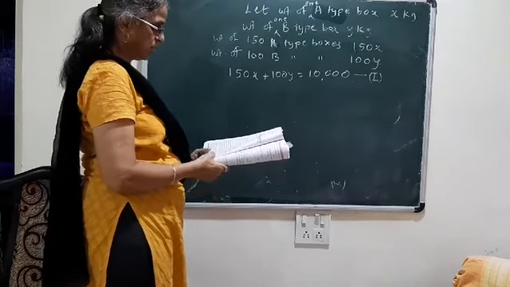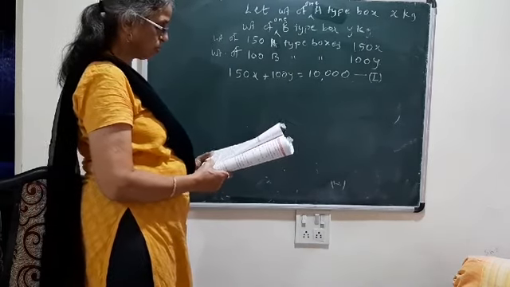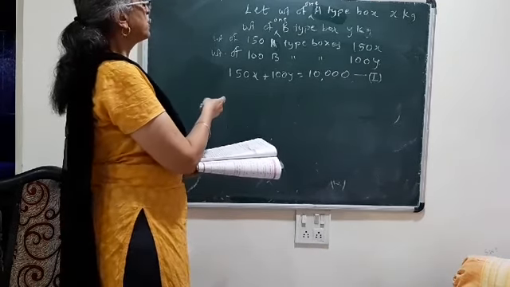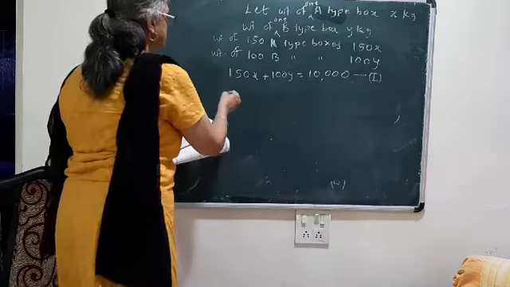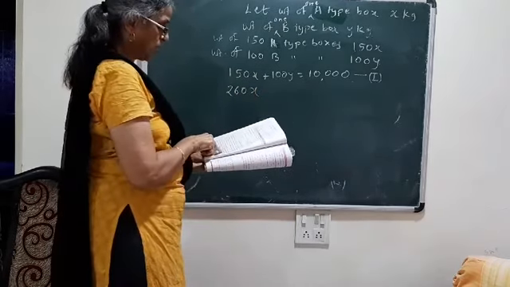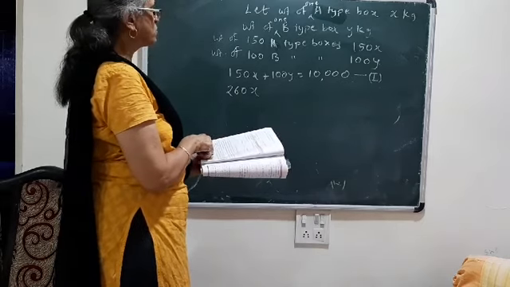Now in the second equation, but when 260 boxes of type A, that means what will be the weight of 260 A type boxes? 260x are loaded in a truck, it can still accommodate 40 boxes of B type.